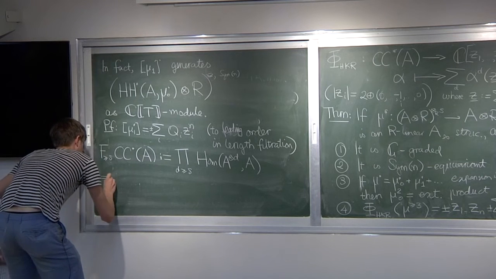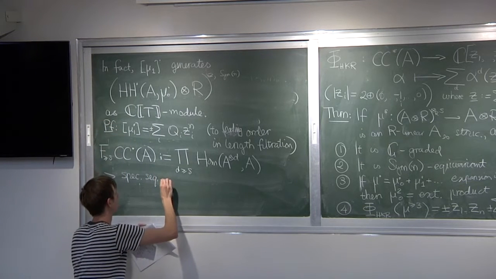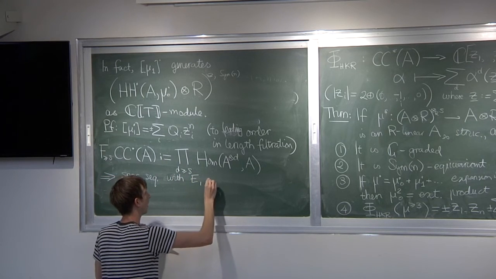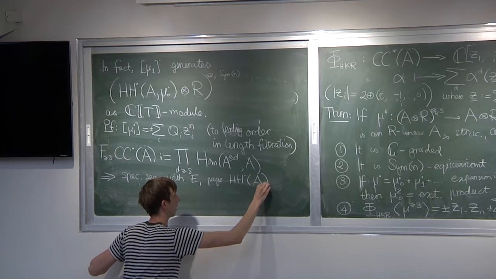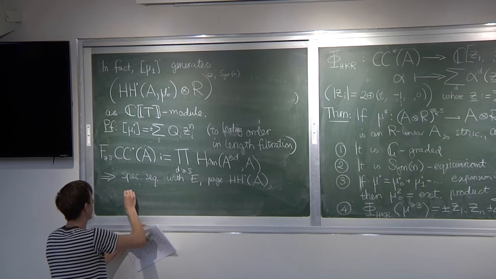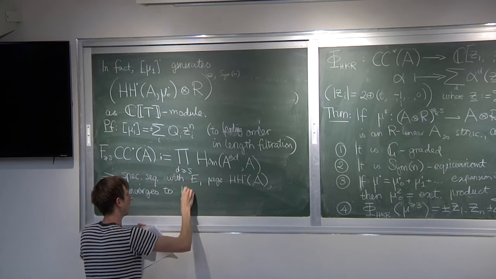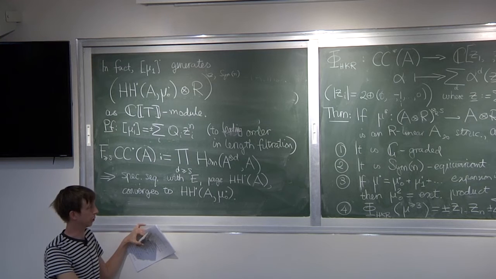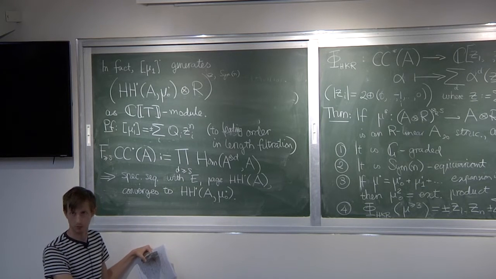So this gives us a spectral sequence whose E1 page is Hochschild cohomology of A as an associative algebra, and which converges to Hochschild cohomology of the A infinity algebra A with mu naught.